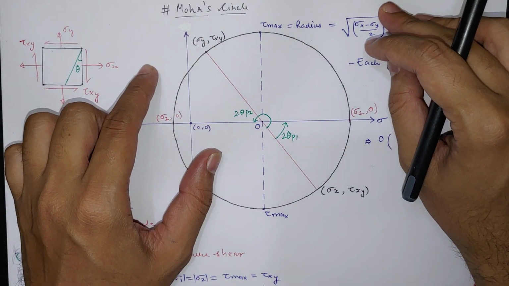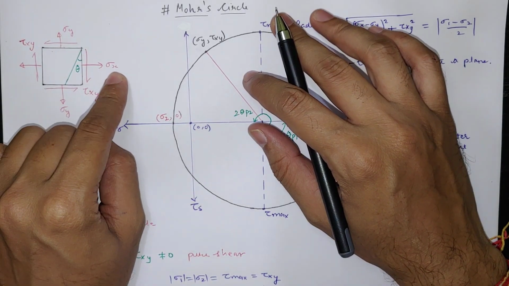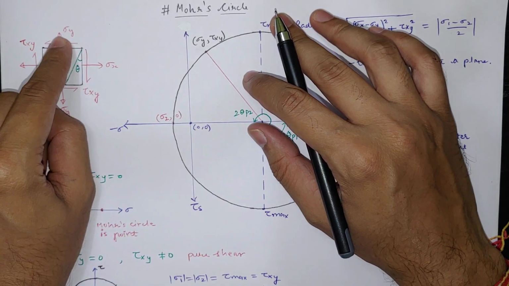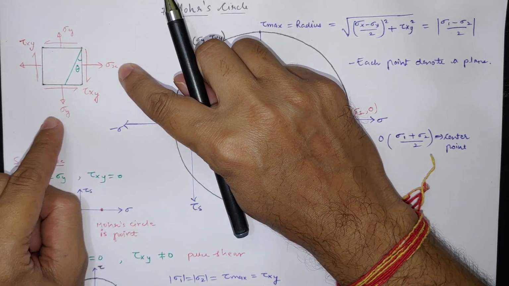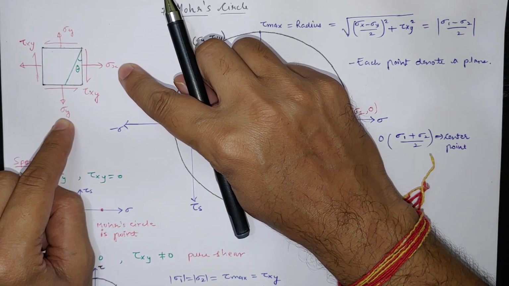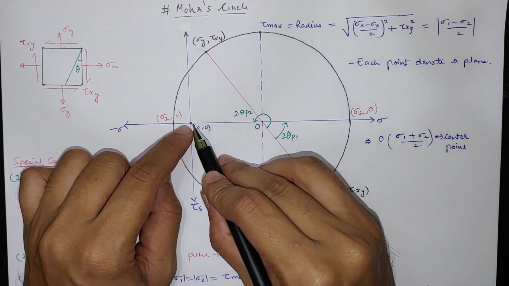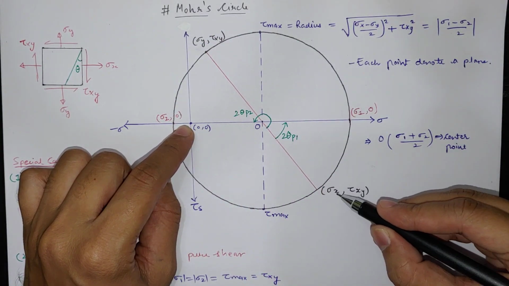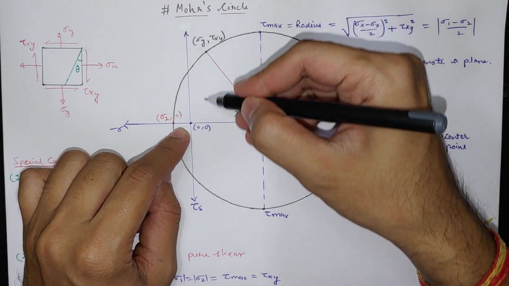Now here first we have to find sigma x and sigma y. So as per the scale, whatever the value of sigma x and sigma y is given, we have to plot it. So on x axis, sigma x will be somewhere here and sigma y will be somewhere here.